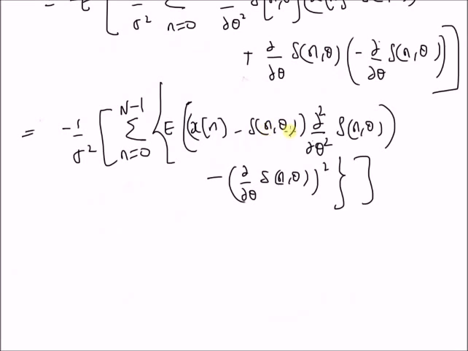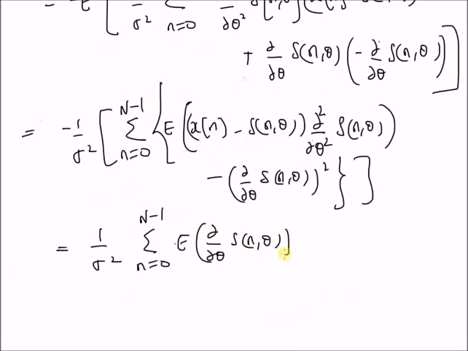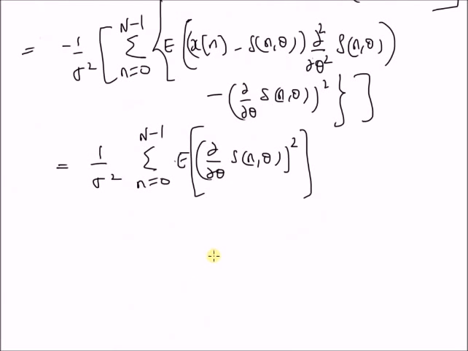So we are left with the expectation of the difference, which is 0 in this case. So the first term is gone. We are left with 1 by sigma square summation n equal to 0 to n minus 1 expectation of the square of the first derivative. Note that this minus will cancel with this minus. Since the square of the first derivative is a deterministic quantity, this becomes 1 by sigma square summation n equal to 0 to n minus 1 square of the first derivative.